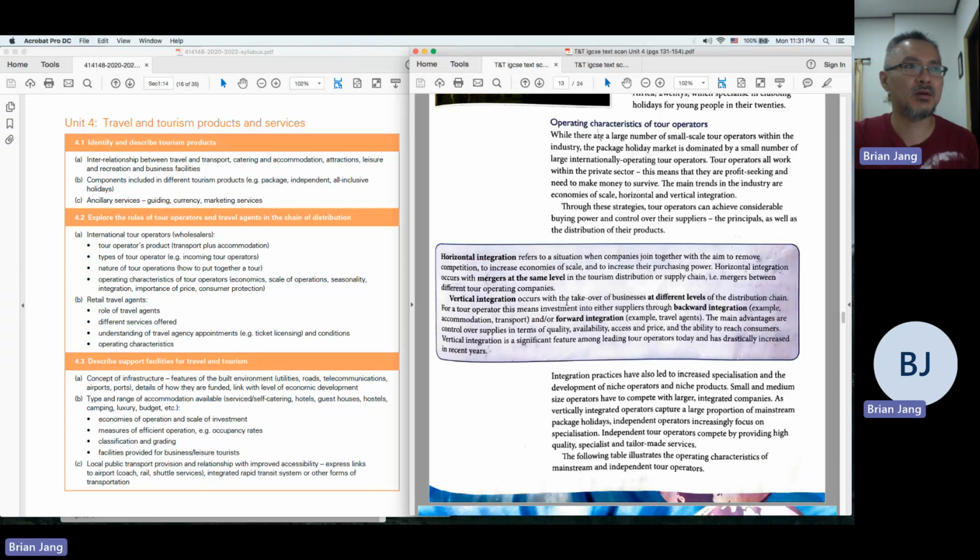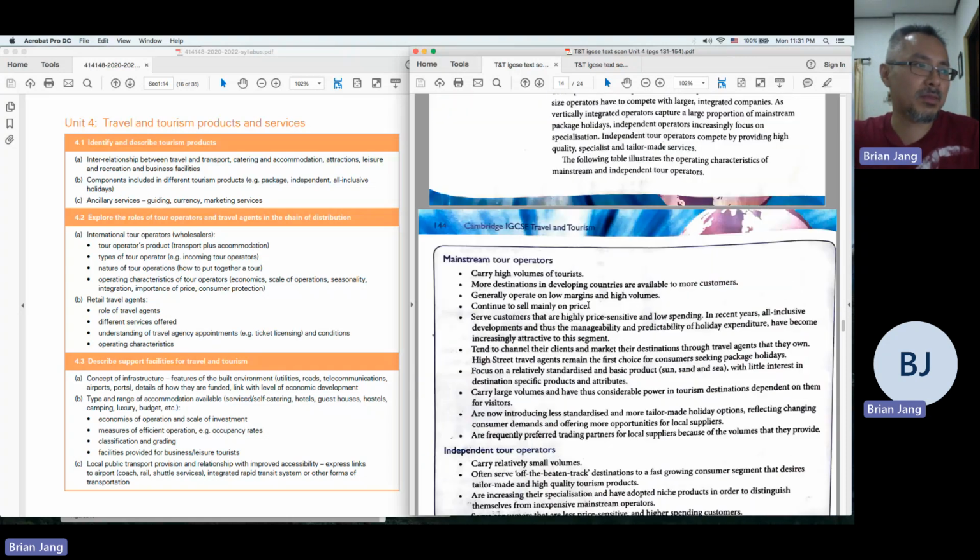But this is just talking about how tour operators try to work together amongst tour operators or amongst different levels of travel and tourism, so that they can run their businesses better. Okay, so you can review that.